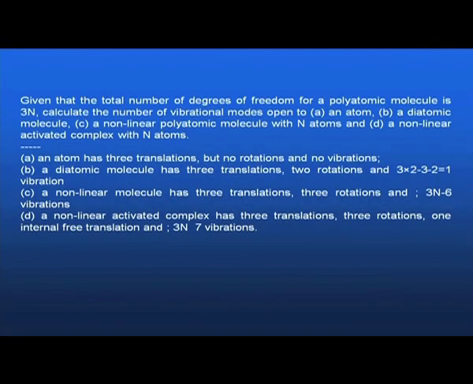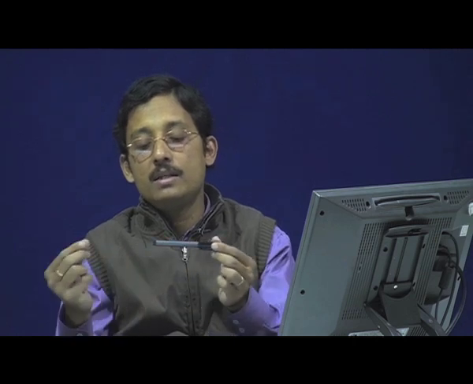Now, for a diatomic molecule, as I told you, you will have one vibrational degree of freedom, that is, this vibrational motion, where it will lengthen and it will shrink.